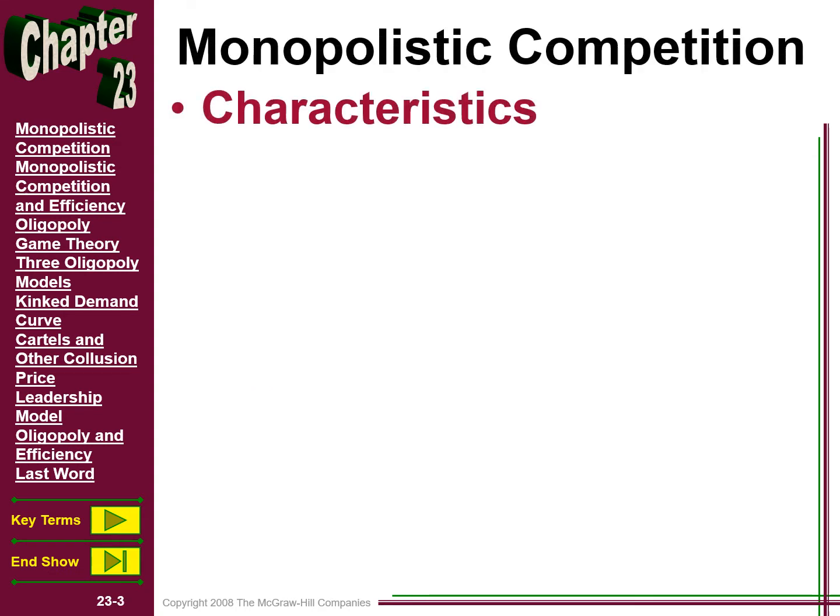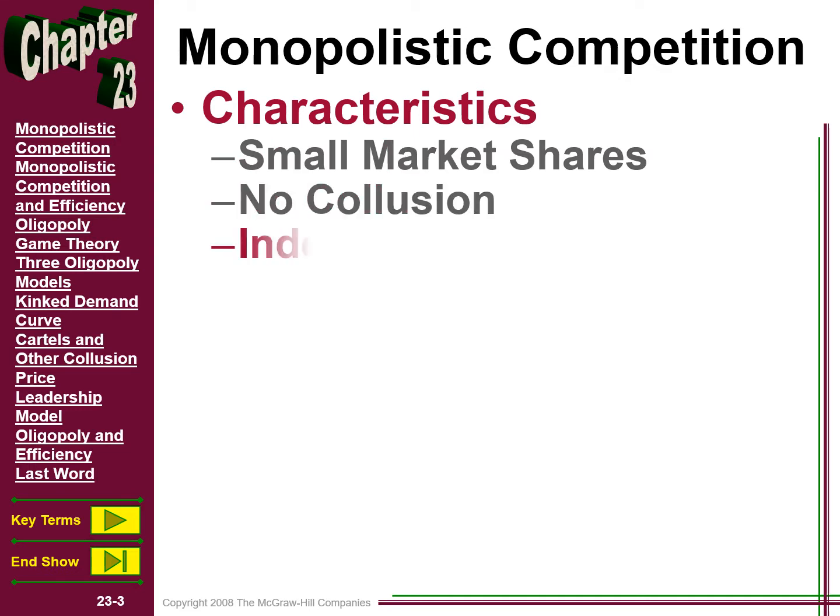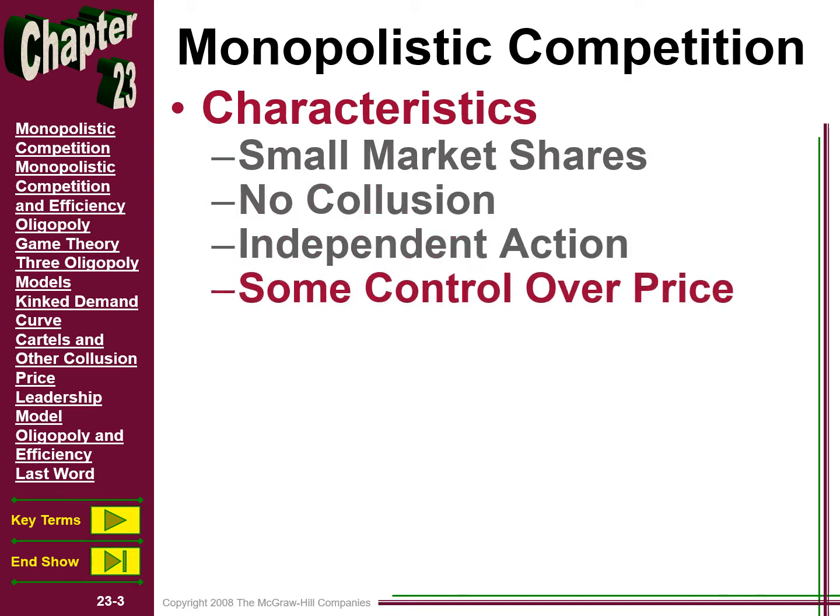Let's review the characteristics of an industry labeled monopolistic competition in more detail. First idea is that there are a large number of firms. So when you look at the term monopolistic competition, it's sort of a combination of pure competition and monopoly.